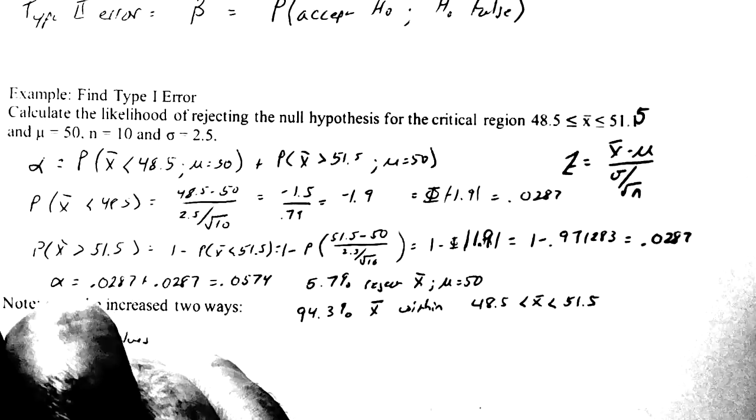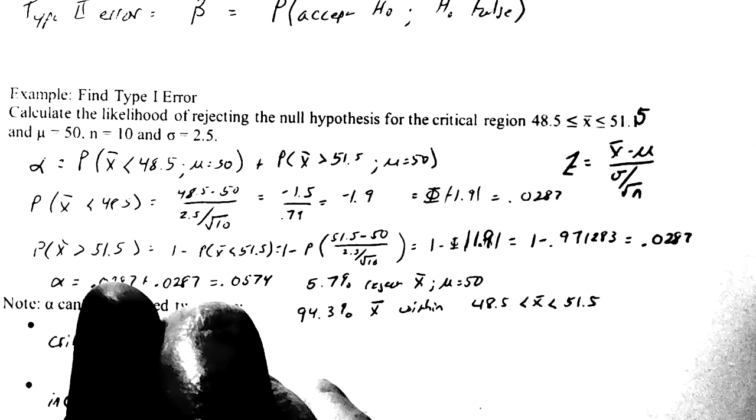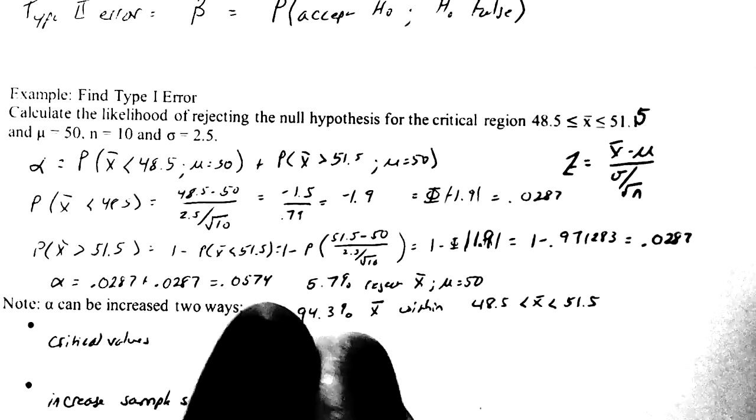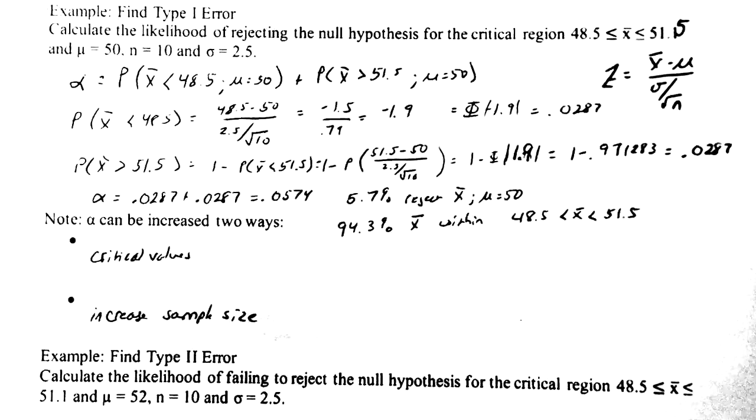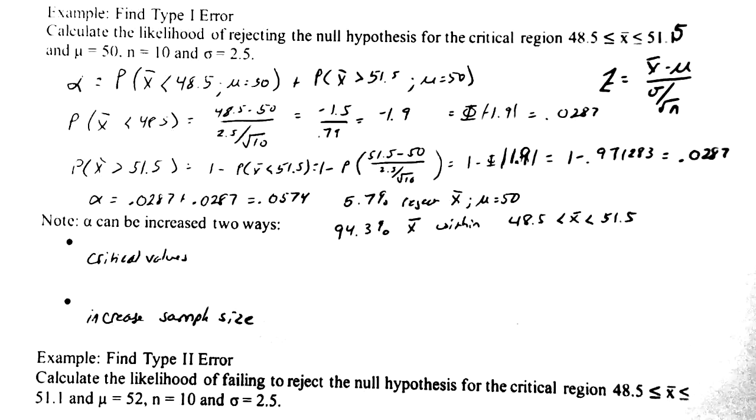The other way is to increase the sample size. This is one of the things that we continue to talk about, that as we increase the sample size, our values become more in line with what we're actually hoping to achieve, because our X bar is getting closer to our actual population. So as n increases, our alpha would also increase.